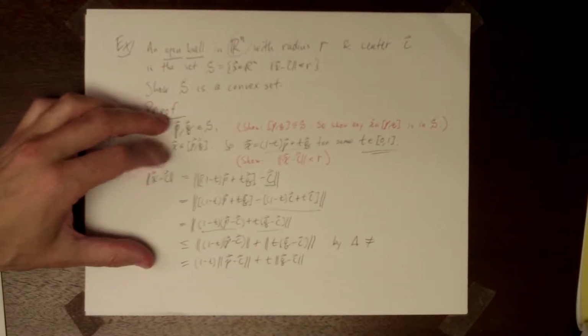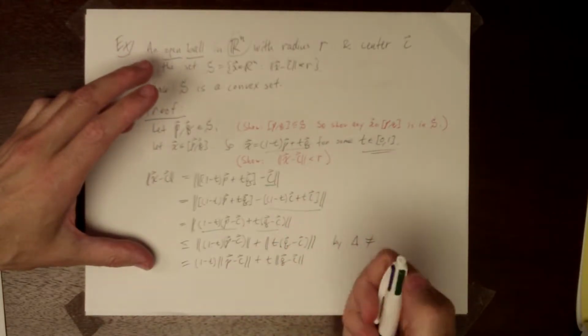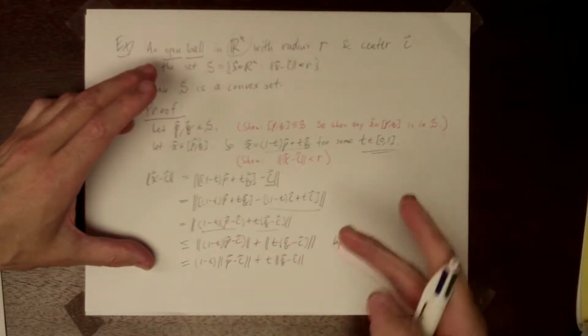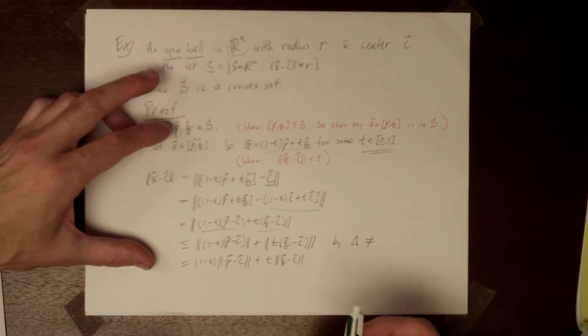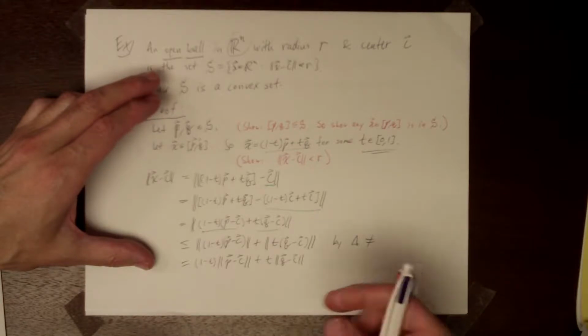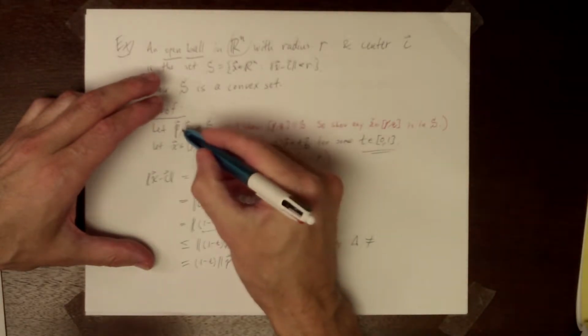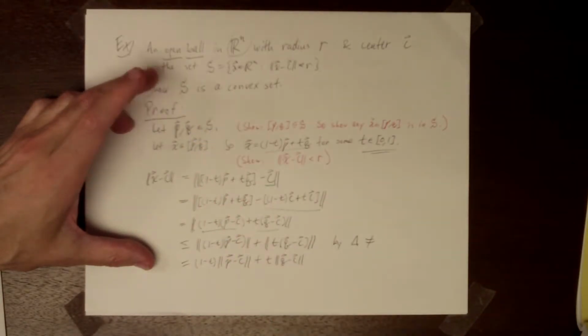So where do we stand? We could have mentioned this at any point, but now we definitely need to have it mentioned. By having P and Q in S, what does that mean exactly?